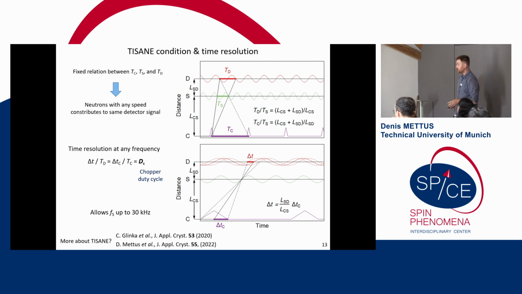And then it can be shown that Tisane is very flexible in terms of its time resolution, and the limitation of the resolution comes rather from the instrumental constraints, like the maximum chopper speed. Nowadays you can measure up to 30 kilohertz of the sample excitation frequencies.